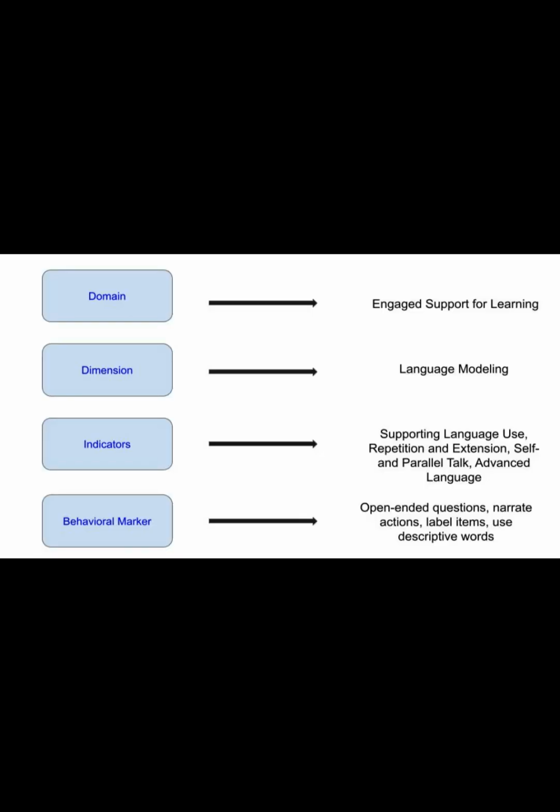Language modeling captures the quality and amount of the teacher's use of language stimulation and language facilitation techniques to encourage children's language development. With CLASS, we look for the following indicators of language modeling: supporting language use, repetition and extension, self and parallel talk, and advanced language.